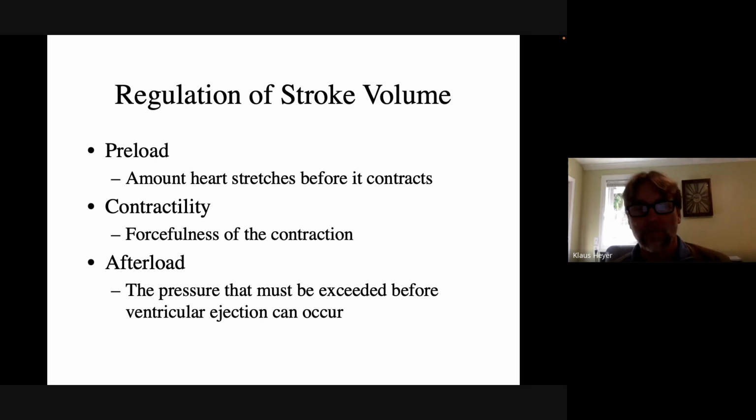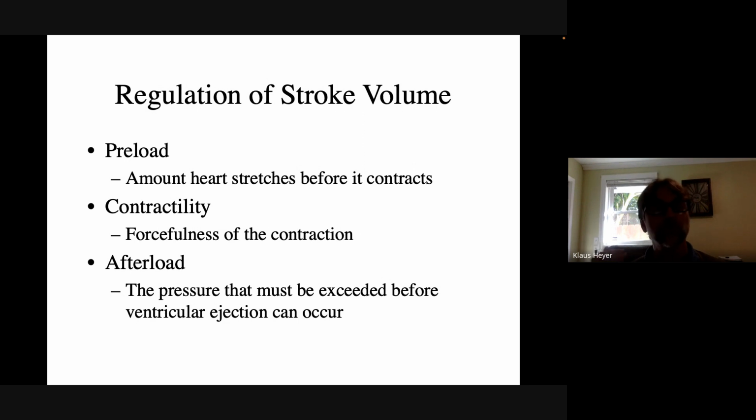Afterload's a little bit different. So in order for the semilunar valves to open in the ventricles, there's pressure building up, right? And the ventricles are starting to squeeze, like contract, but the semilunar valves aren't opening up yet. You want to get as much pressure behind that as possible before those semilunar valves finally pop open and all the blood surges out of the heart, right?